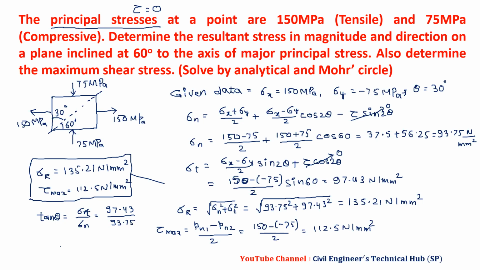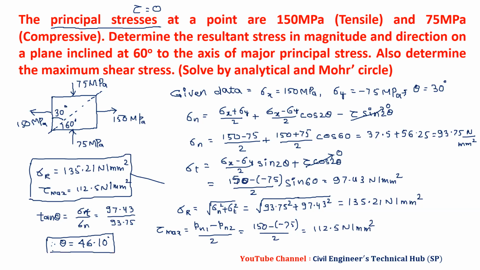And we will get the angle of inclination with horizontal equal to tan inverse of 97.43 divided by 93.75. So it comes 46.10 degrees. This will be the direction.